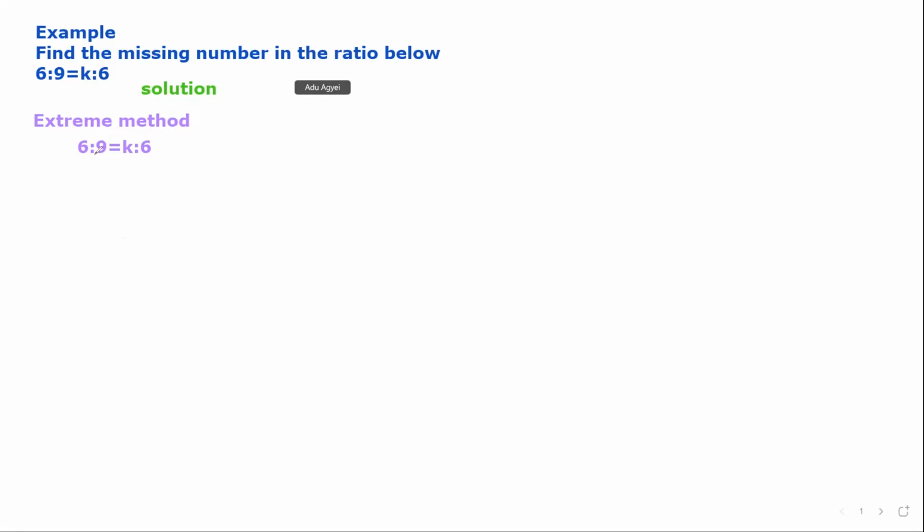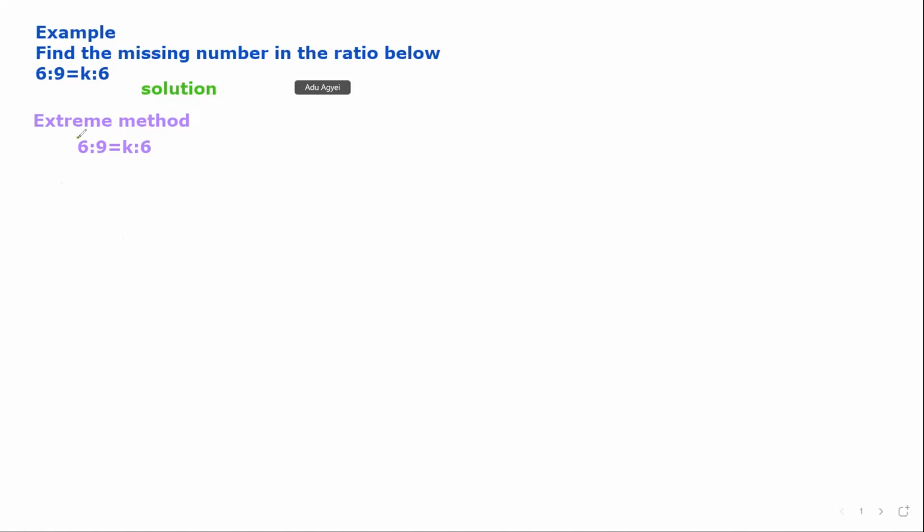Now the 6 to 9 can also be reduced. Here you find a common factor that can divide 6 and at the same time divide 9. I think 3 can do that.